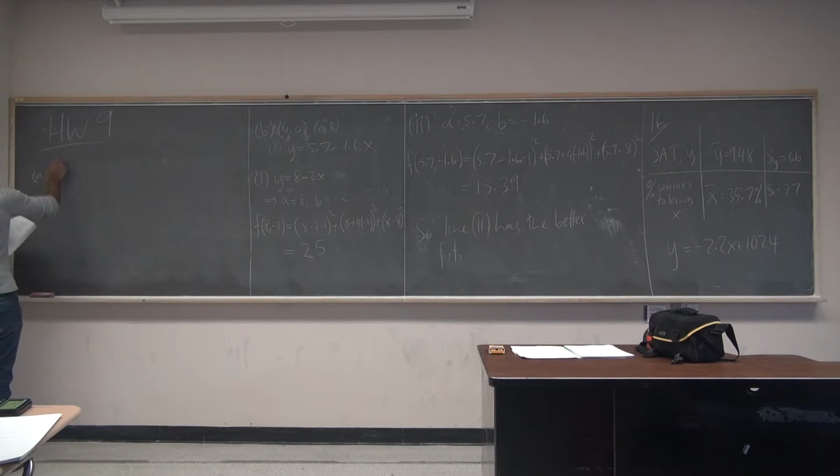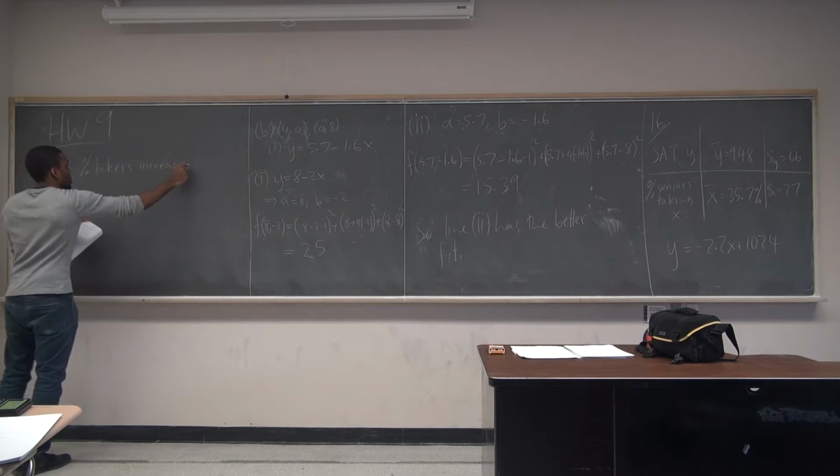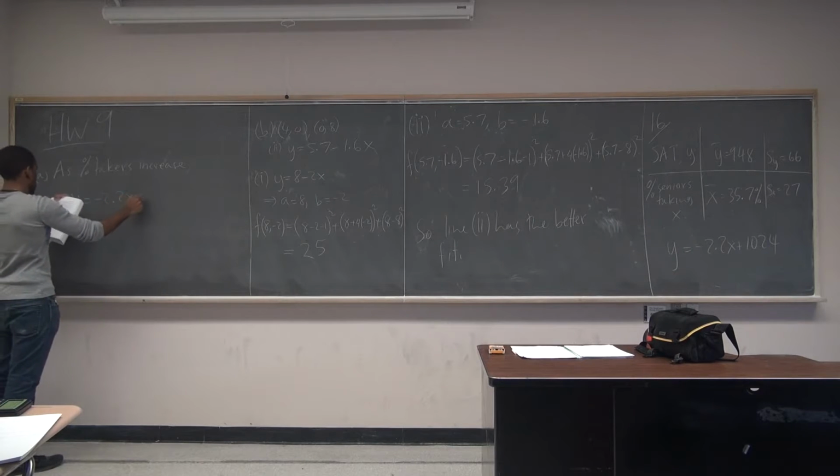So A, as the percentage of takers increases, we have y equals minus 2.2x plus 1024, and x gets larger. What's going to happen to y?